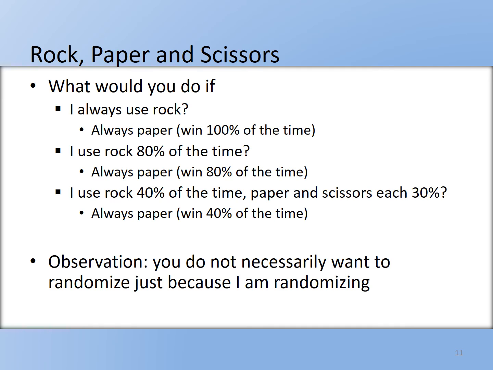In what case would your chance of winning be the same regardless of what you do? You need a situation where it doesn't favor a particular type of action. And naturally, what would that be? Naturally, that would be the case when your opponent uses rock, paper, and scissors 1/3 of the time each.